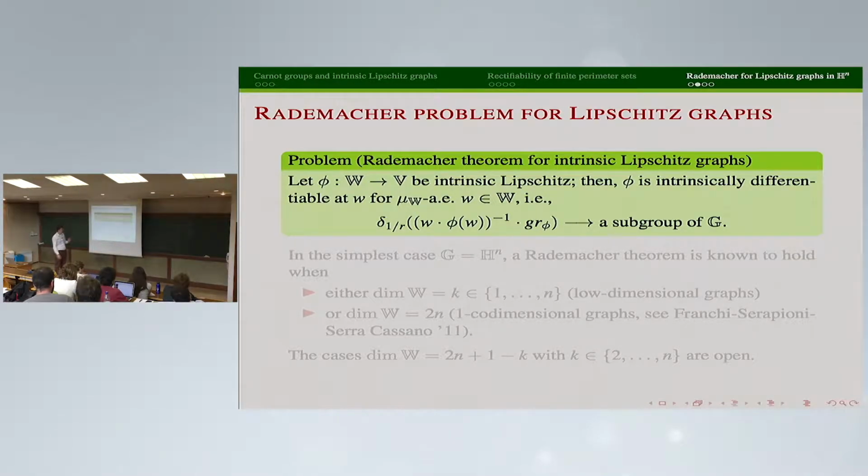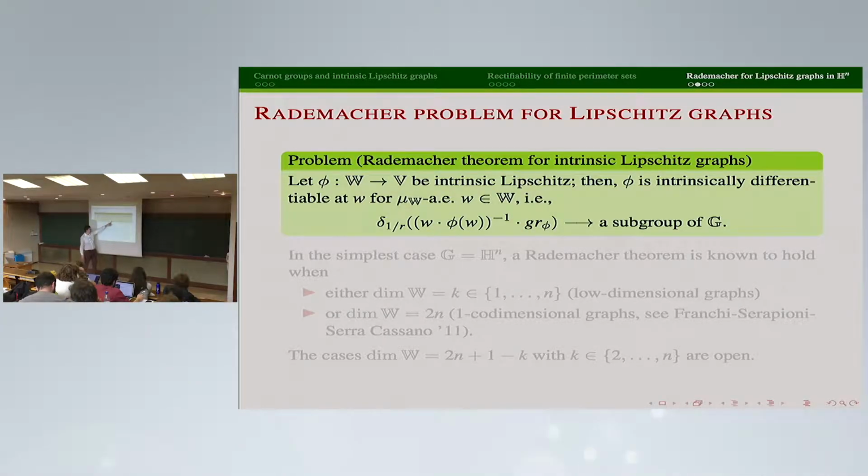We say that phi is intrinsically differentiable at a point W of the first subgroup W if the following happens.